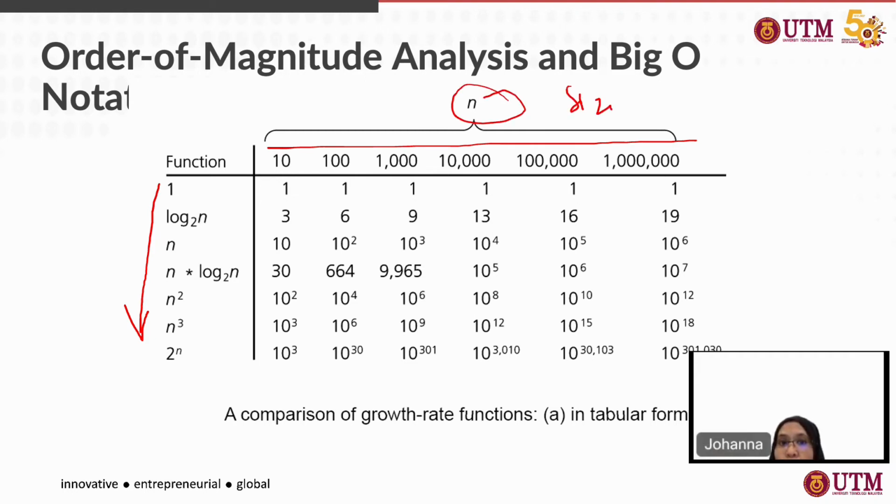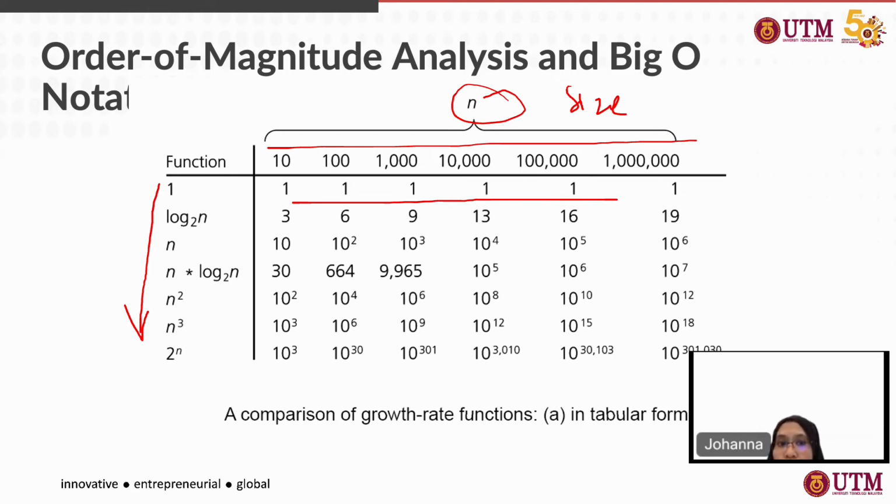Let's look at the first one, O(1), the complexity 1. You can see that no matter the size of the data, 10, 100, meaning the size increases, the value will remain 1.